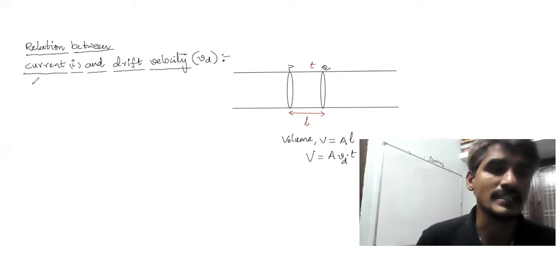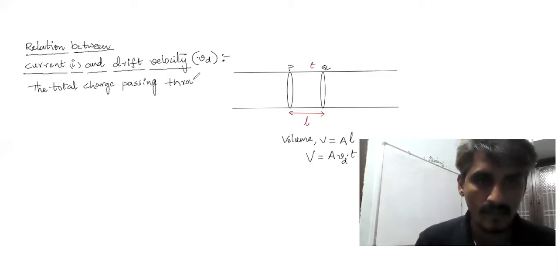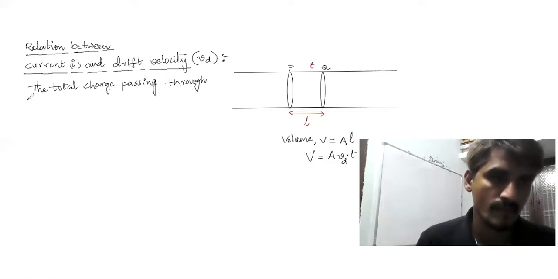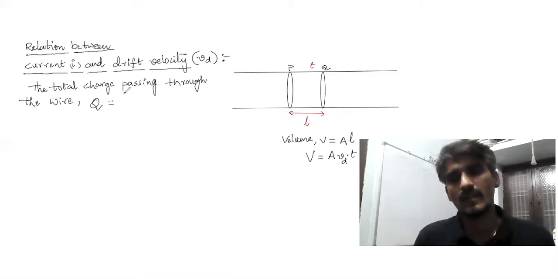Therefore, the total charge passing through the wire, that is capital Q, is equal to, total charge means what?